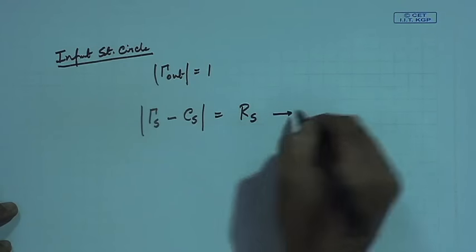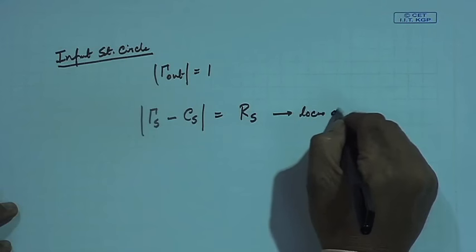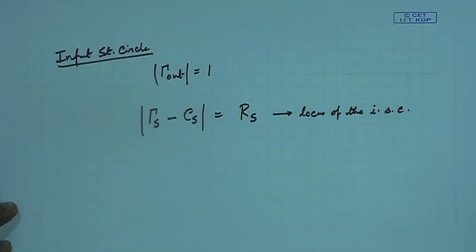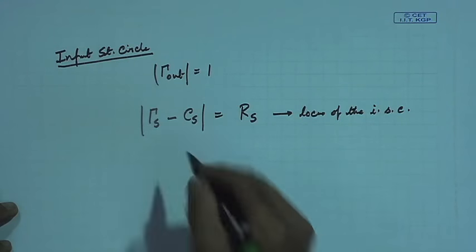This is the locus of the input stability circle, and what are these values?